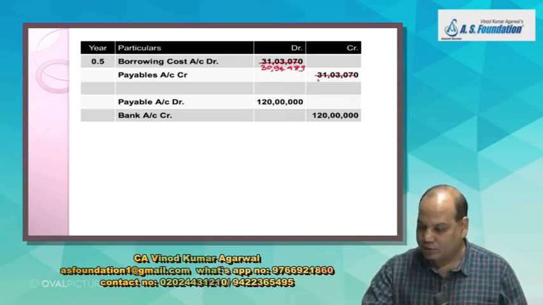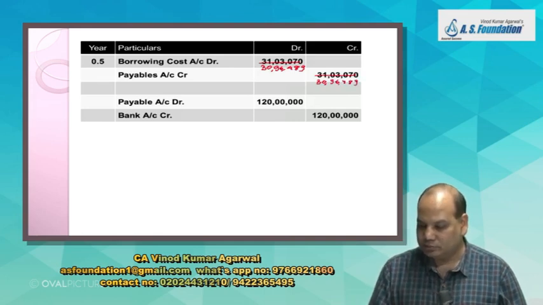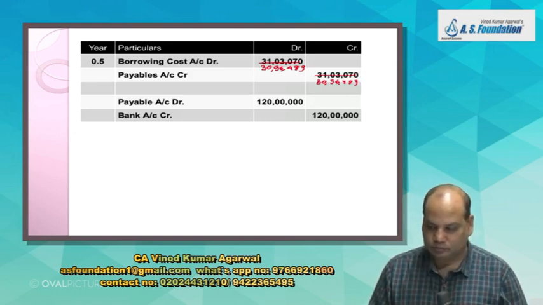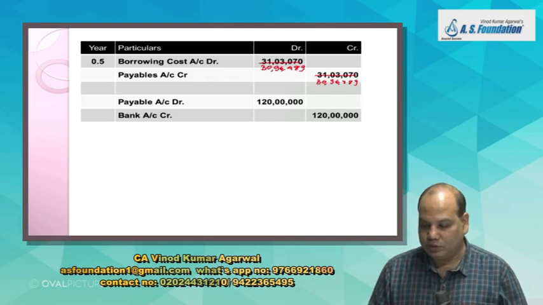So write down the entry. Borrowing cost account debit to payable account 30,96,489. And then you make the payment. Payable account debit to bank account.